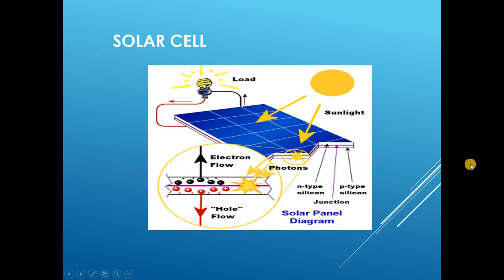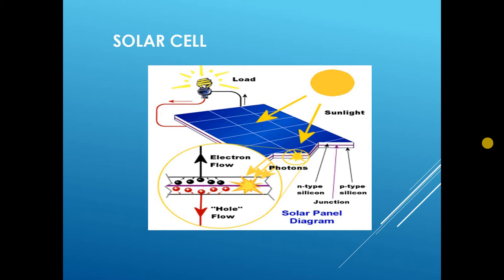Boys, you can see the solar system. A solar cell is a photovoltaic cell, a device that converts light energy into electricity. Fundamentally, the device contains certain chemical elements that, when exposed to light energy, release electrons. Photons in sunlight are taken in by the solar panel or cell.